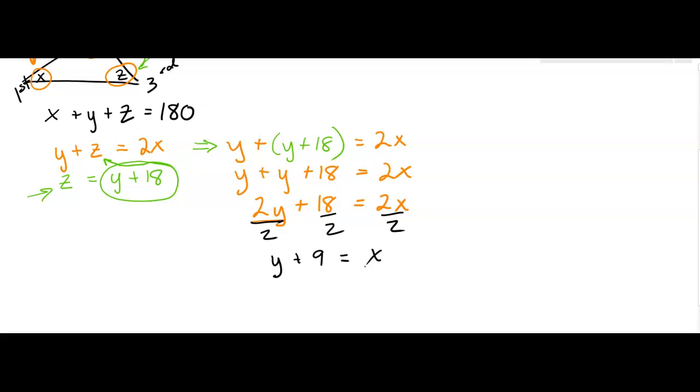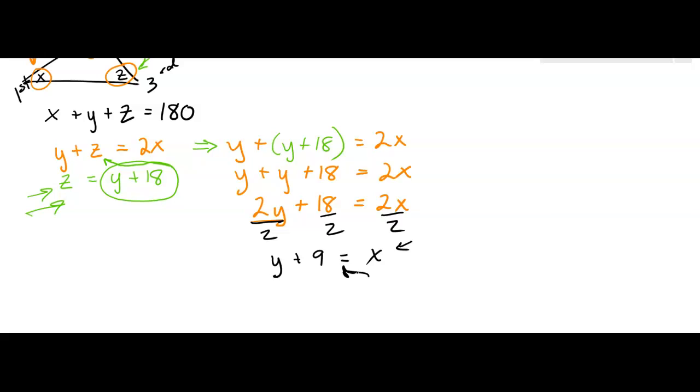Now, here's some great news. Now we have what x equals. Notice that z equals y plus 18, in terms of y, and now x is in terms of y as well. x equals y plus 9. Okay, now I'm going to take those two values for z and x, and I'm going to put them in my original top equation.